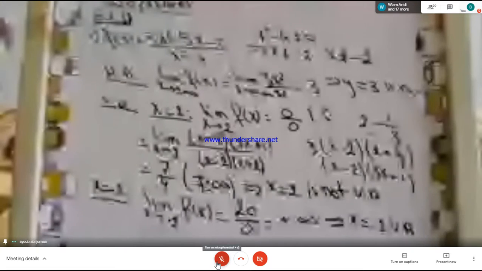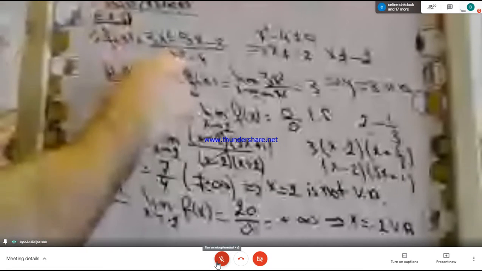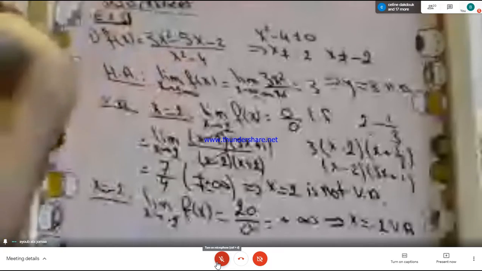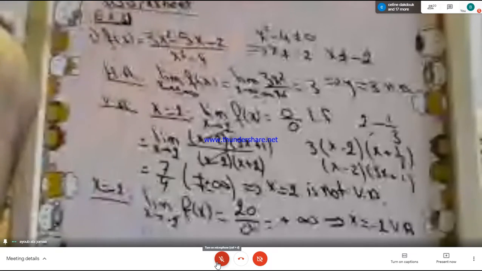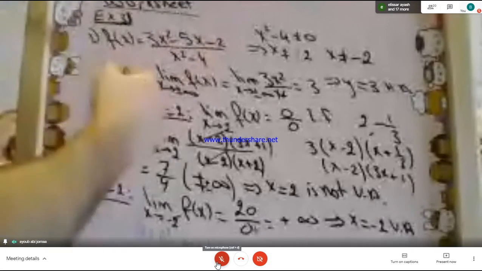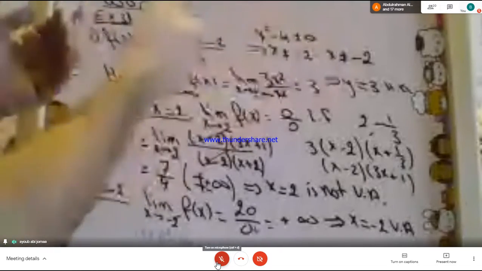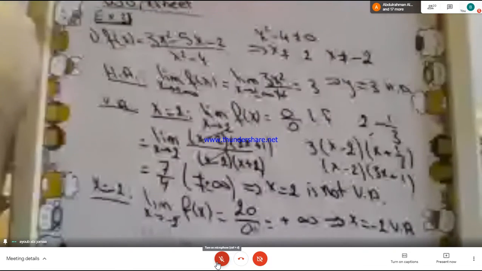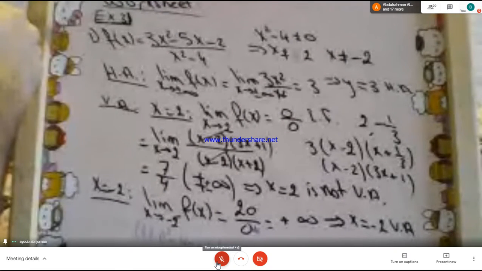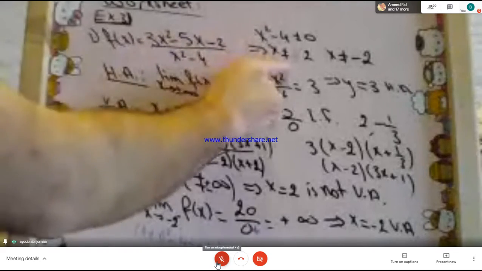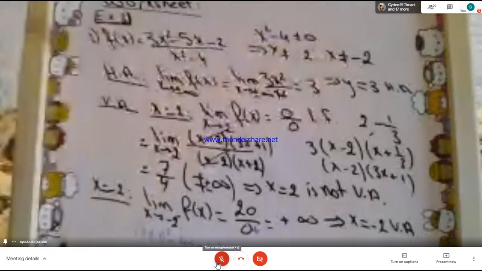For that reason I put the denominator 0, to predict the numbers. So I put here x squared minus 4 equals 0. In fact, it is the domain condition. Here you get 2 and negative 2.